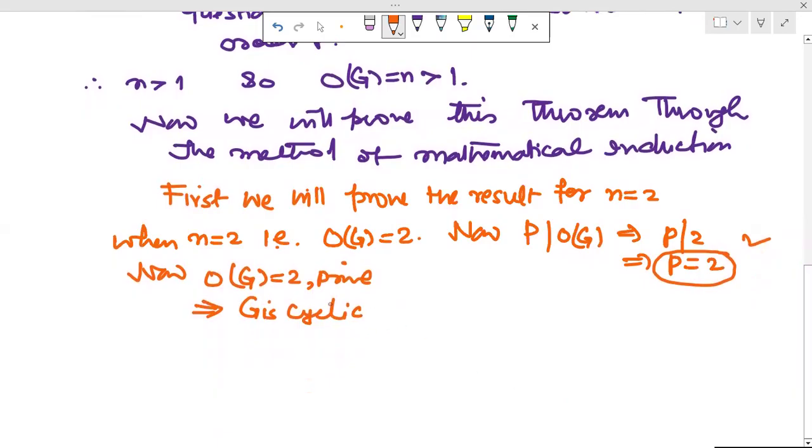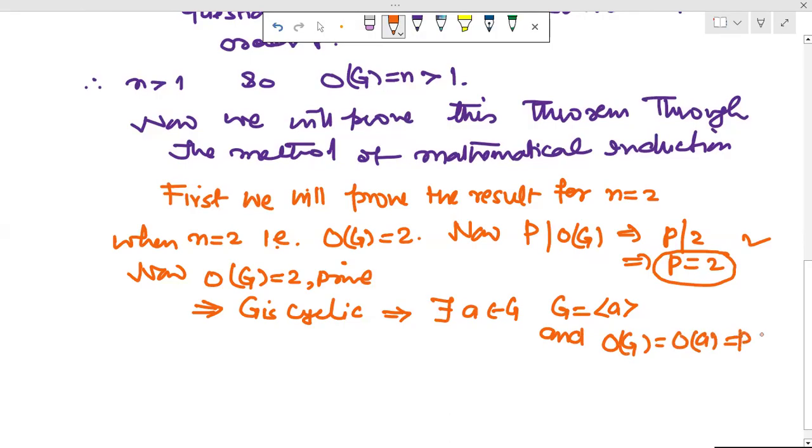If G is cyclic, this means that there exists an element a in G which generates G, a generator of G, and the order of G is equal to the order of a, which is equal to P, that is 2. So we are getting an element of order 2.